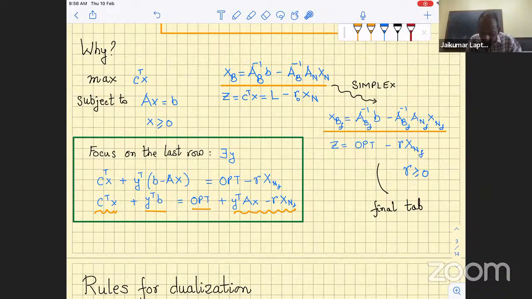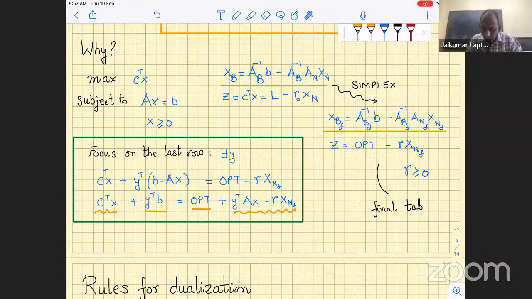It gives a proof of optimality. It tells us that nobody can do better because this form of the objective function was a consequence of our equations. And if you think about it, this form was actually derived by taking the original equation, where there was C transpose X, and to that we kept adding various multiples of those equations, which is reminiscent of what we did when we formulated our dual linear program.